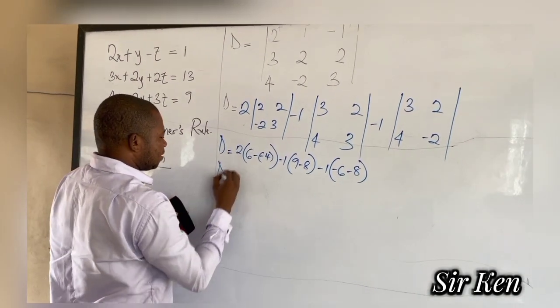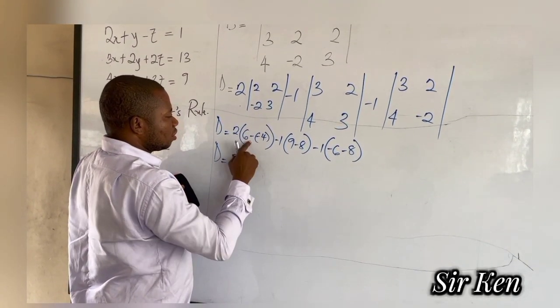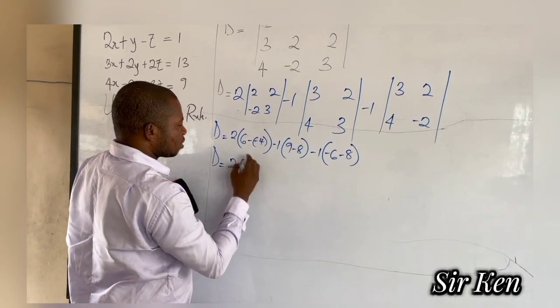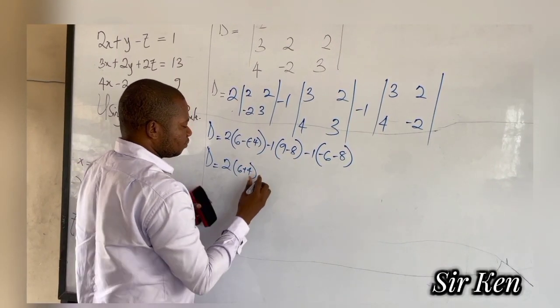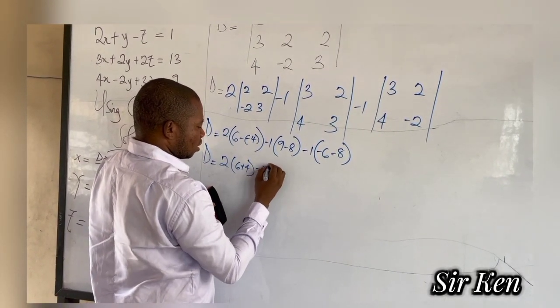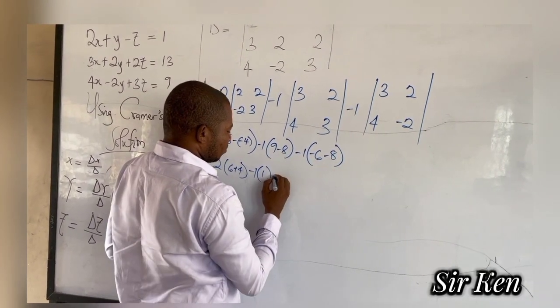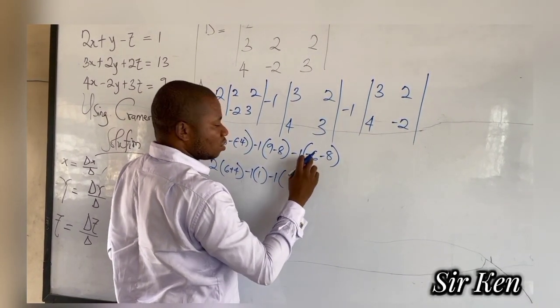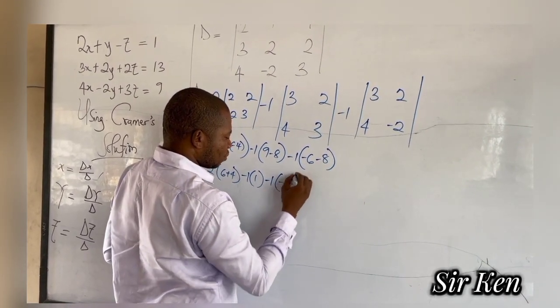So my determinant becomes 2 into 6 minus minus 4, that's plus, 6 plus 4. Then minus 1 into 9 minus 8, that is 1. Then minus 1 into minus 6 minus 8, that is minus 14.